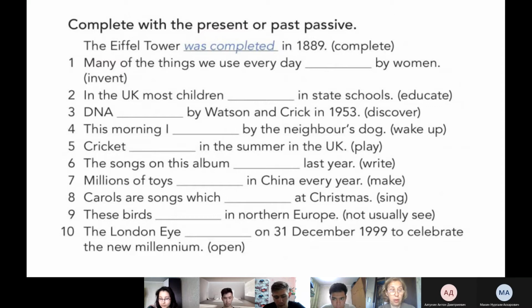Что это такое, the London Eye? Big Ben? Нет. London Eye — это большое такое колесо обозрения, которое, кстати, рядом с Биг Беном находится, на другом берегу реки Темзы, напротив Биг Бена. Это колесо обозрения было открыто вот тогда, чтобы отпраздновать наступление нового тысячелетия. Okay, it's very big. It's called the London Eye.